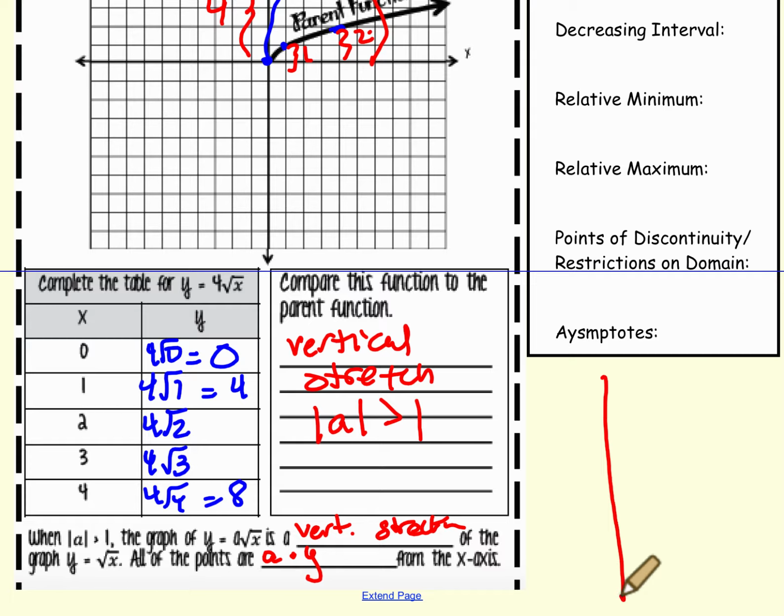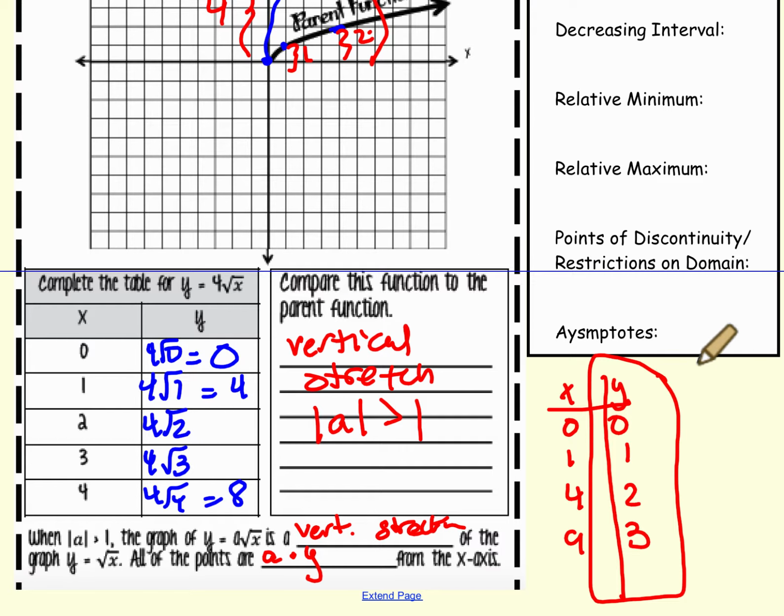So how does that work? Well, if you remember the key points in the parent function, 0, 0, square root of 1 is 1, square root of 4 is 2, square root of 9 is 3. I'm going to take these y values and do 4 times y. That gives me 4 times 0, which is 0.